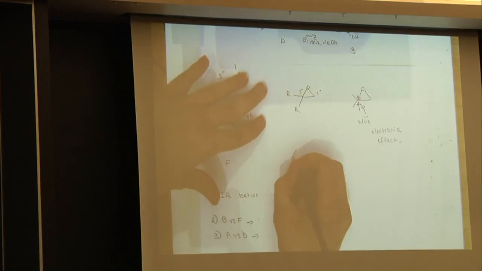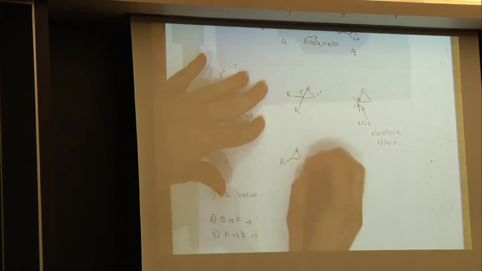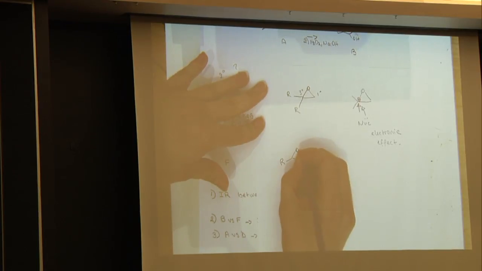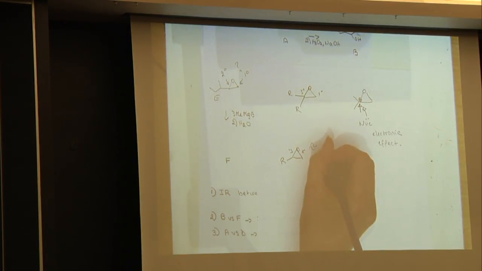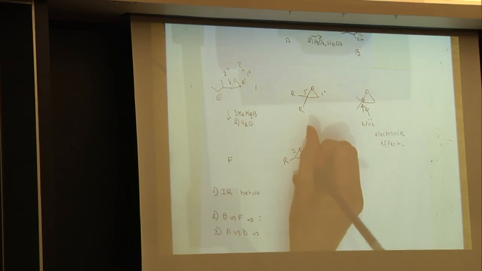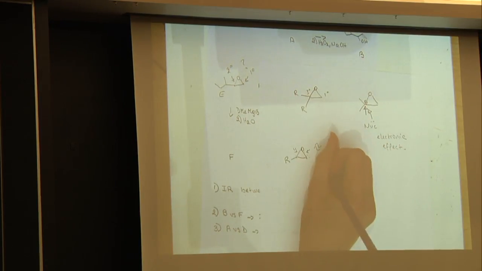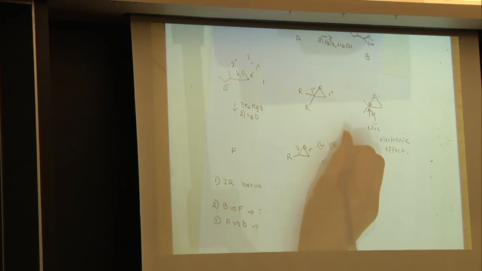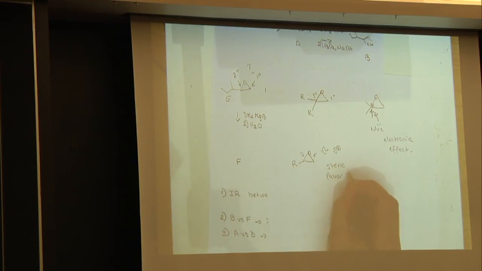Now, if you had a secondary versus a primary, the bonds here and here have approximately the same cationic character, and so do the carbons. So as a result, sterics is going to favor your primary carbon for your nucleophile.